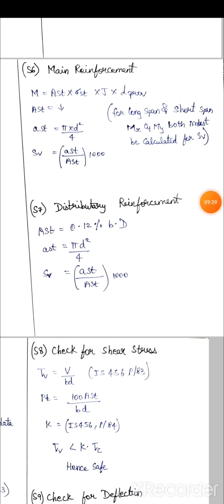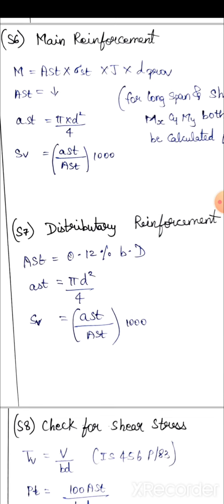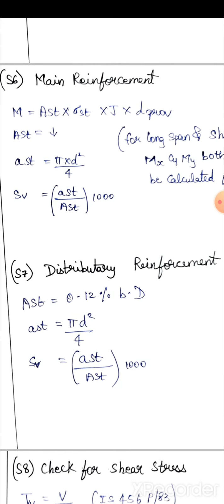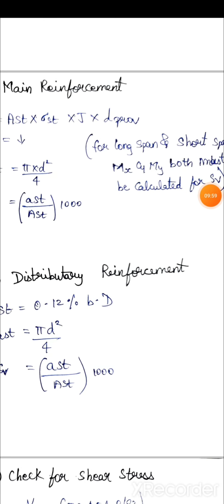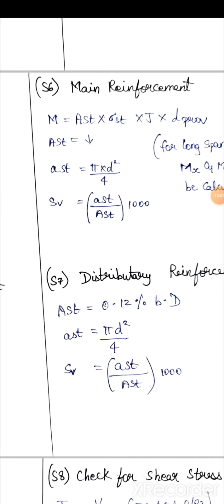Two-way slab main reinforcement formula varies. Means the formula is same, but we must find for longer span and shorter span, Mx and My, with the same formula, but Mx value and My value differ. Mx is for shorter span, My is for longer span.